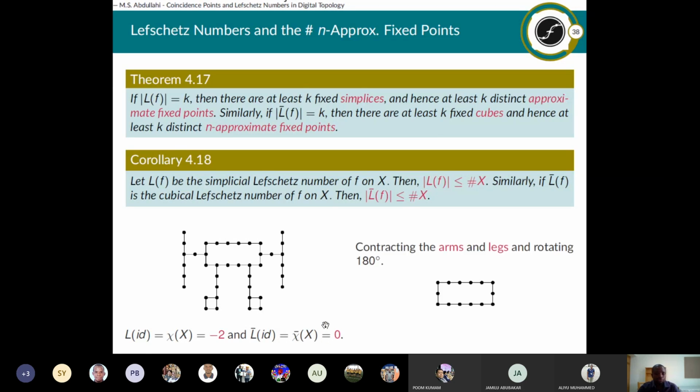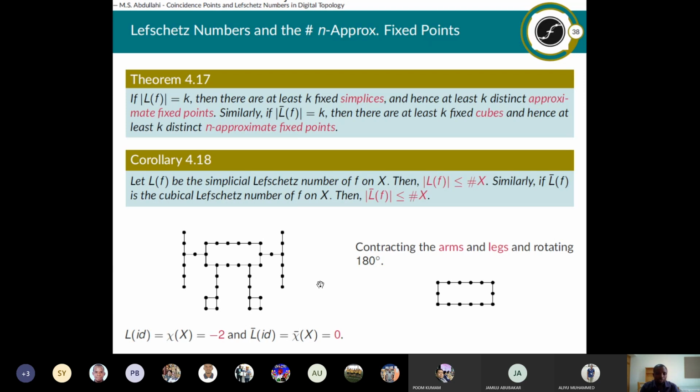Because it is 0, it tells us that we have some function that has 0 fixed points, and that function is as follows. We are going to contract this leg and the arms of this robot, and if we do that, we end up having this picture.